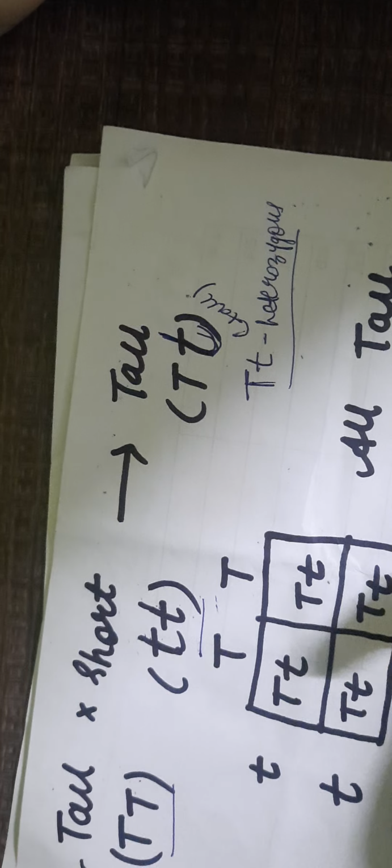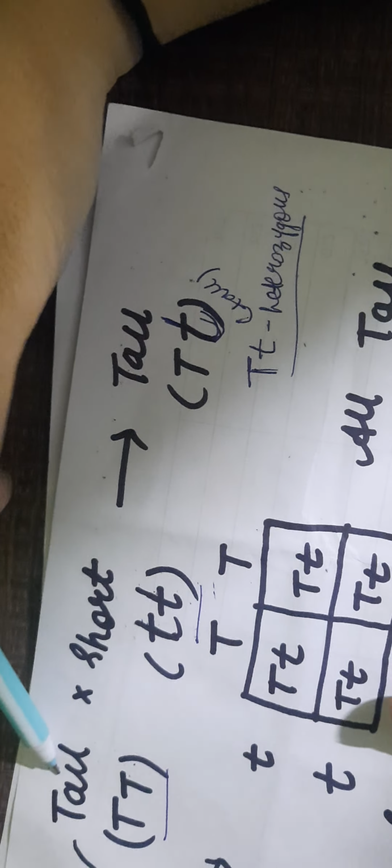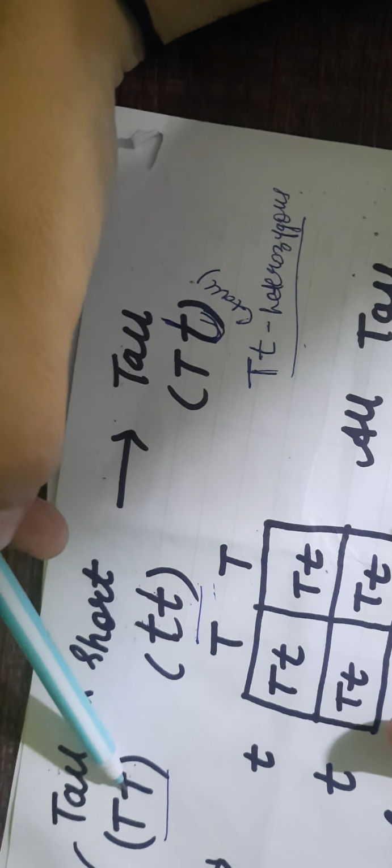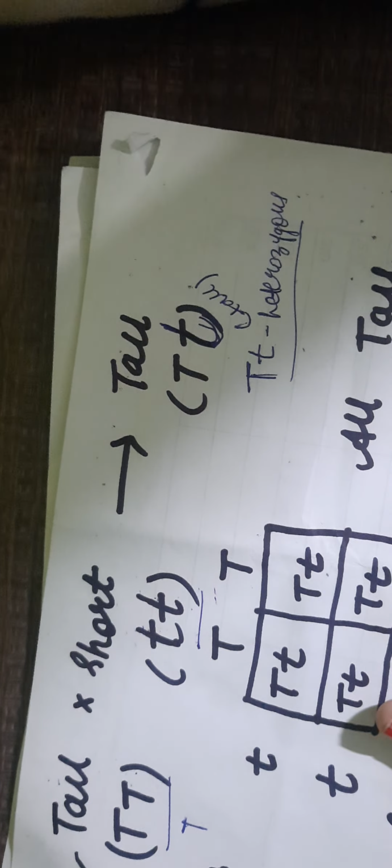The parent cells, which are diploid, both contribute one gamete, and they fuse to form a diploid cell, right? So this parent, capital T, will obviously give one capital T only, and this short plant can only give small t, right?